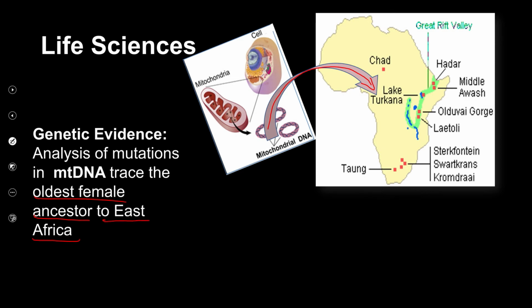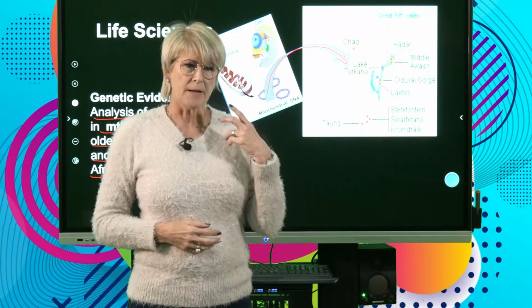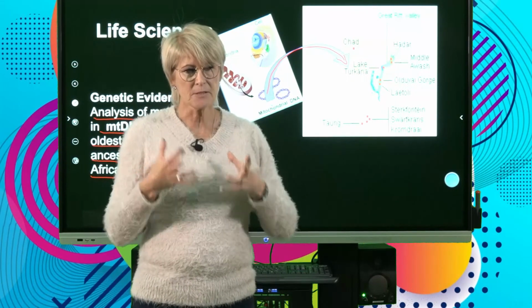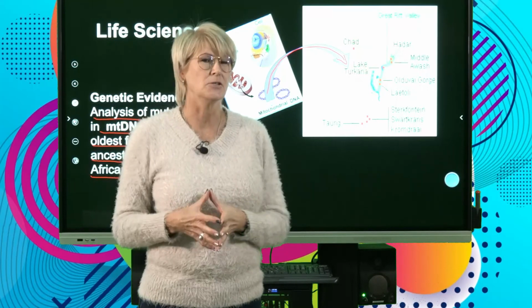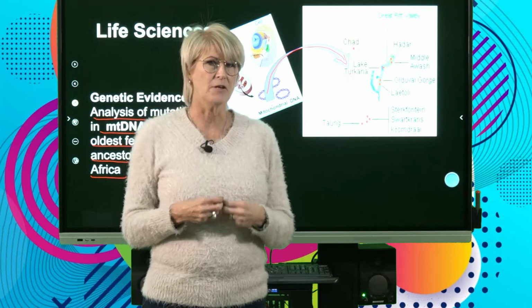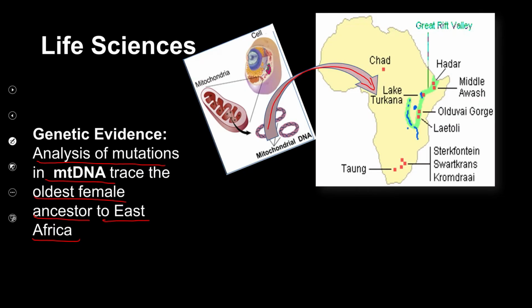The way they discovered it was by analyzing the mutations in the mitochondrial DNA. They found there are a lot more mutations than in females elsewhere in the world. So the females in Africa, and that's how they determined that the earliest ancestor can be traced back to having originated in Africa. All right, so that's the mitochondrial DNA.